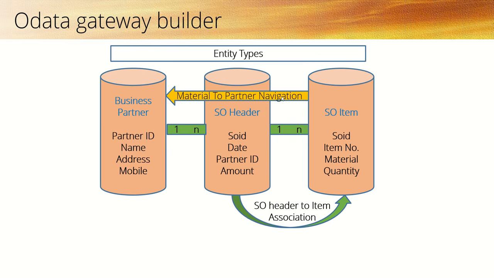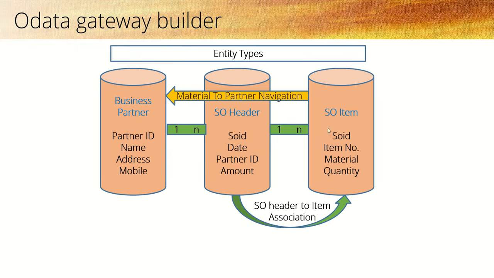Next is the navigation. What is the navigation? Take here, we have the entity business partner. We want to fetch the details of the business partner, but we don't have any detail of the business partner. We have the material ID. We pass the material ID only, and through this material code, we want to find out who the partner is. So what we do is navigate.